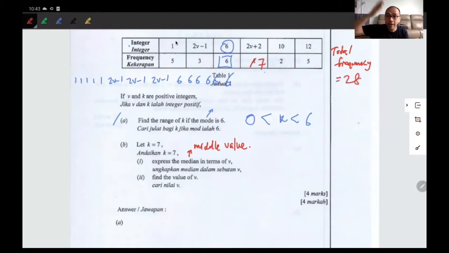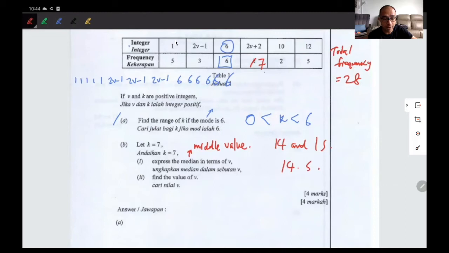So the middle value, kalau 28, kalau kita patak-patak 1 to 28, you will get 14 and 15. The 14th and the 15th value. Antara, actually 14.5 lah. The middle value is 14.5. Now, let's take a look at this.